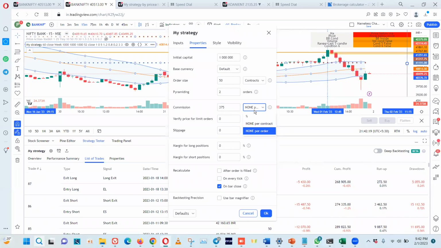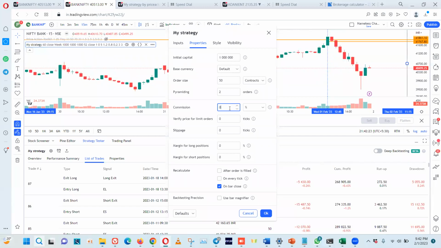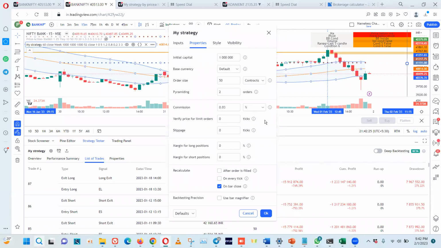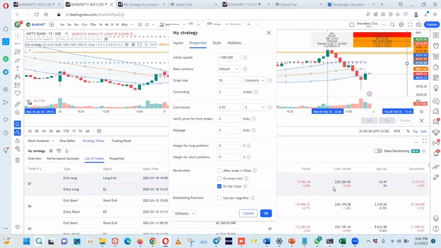Okay, so we can easily use percentage of 0.03. There is still 38,000 less profit as compared to the actual amount which we calculated using slippage and taxes paid. So this is fair amount of commission which we are paying.